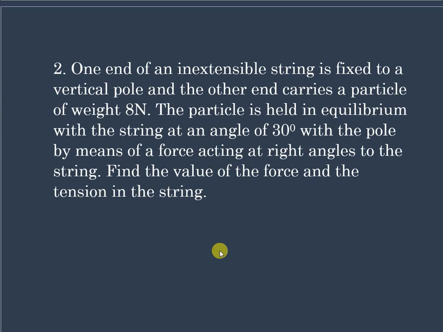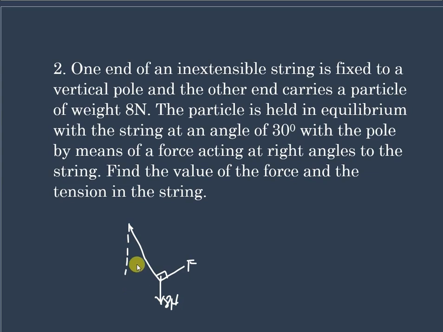We can try to imagine what is happening. You have a string fixed, and you are holding it by a force F perpendicular to the string. There is a force of 8 newtons and you have a vertical pole.